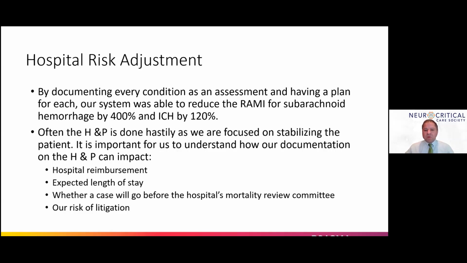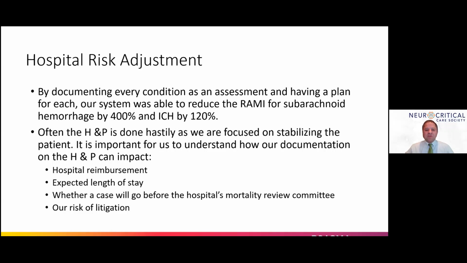It is also important that for many of us, the original H&P is often done by another service. So for example, there might be one neurology admitter or neurocritical care or neurosurgery admitter within the emergency department, who sees all patients who come, does their H&P, and then distributes them to the appropriate service.